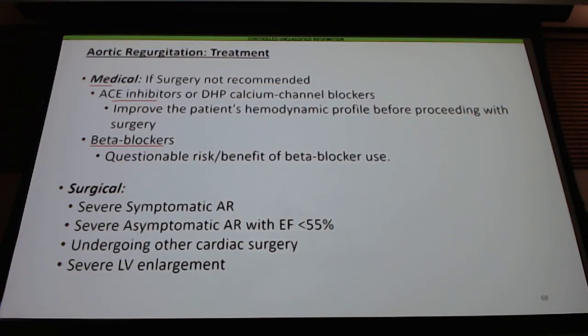So it's kind of controversial using beta blockers in this situation. But the biggest thing you can do is just reduce that afterload to try to improve the forward flow and decrease that backwards flow. And then if they meet the criteria for surgery, then they would just go in and get a valve replacement.